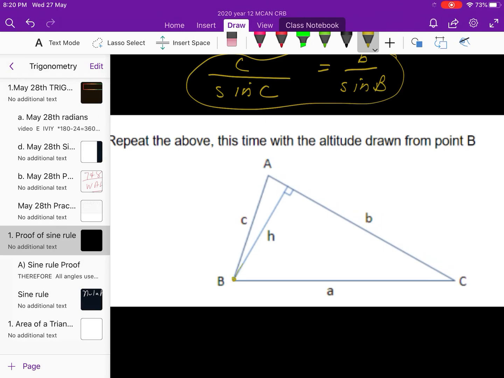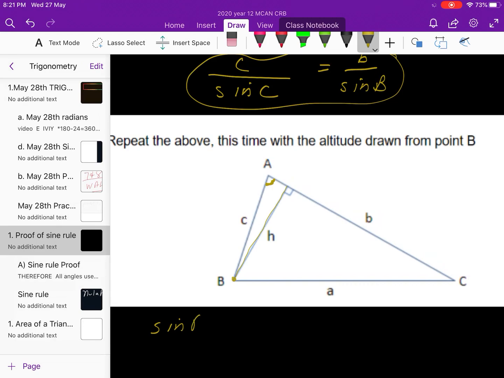We're no longer drawing it from A, we're now drawing it from B. So now what we have is a very, very similar situation, doing exactly the same thing as we did over there, only we're going to be dealing with angle A.